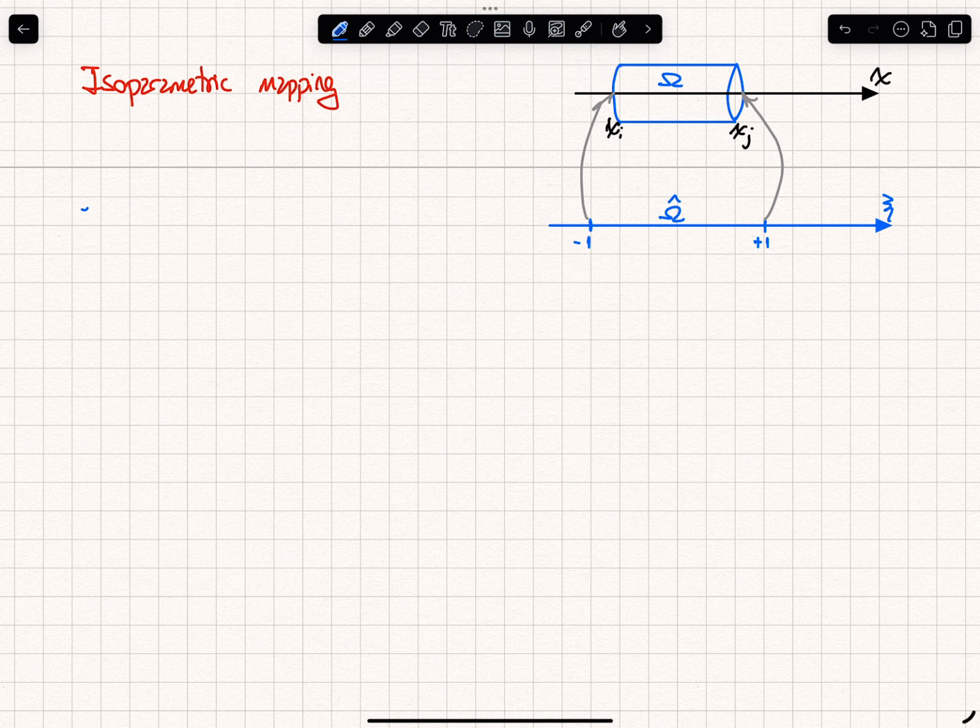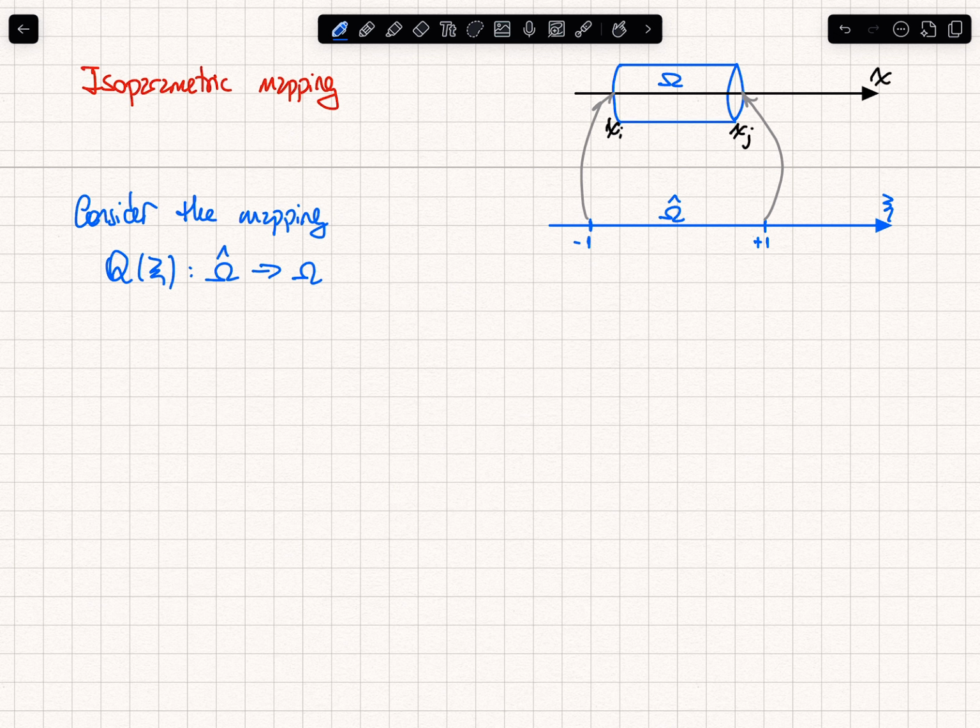So then we can write the mapping. Q of xi is a function that basically goes from omega hat to omega. So domain codomain notation, just to say that Q is a mapping that goes from one coordinate to the other coordinate.